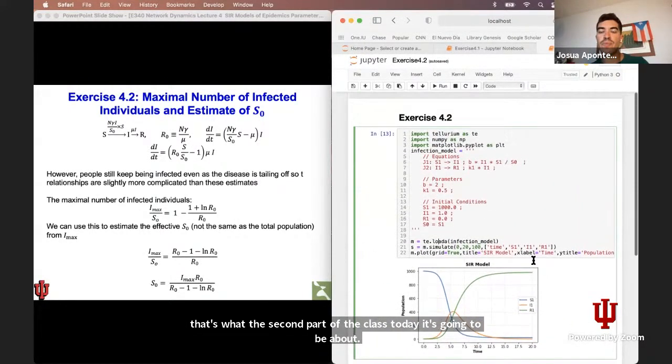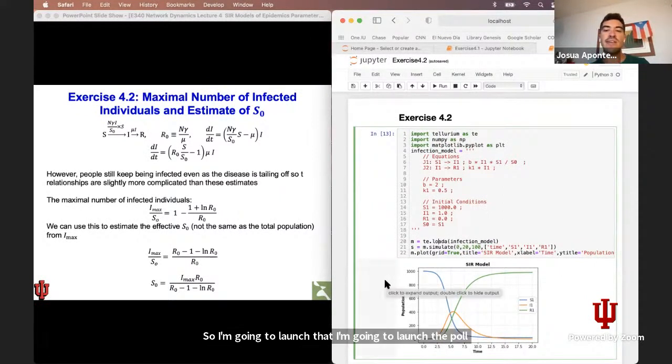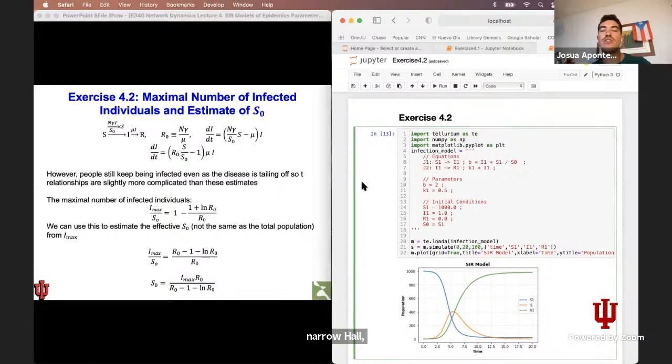So I'm gonna launch the poll now, just answer yes in this case if you've been able to upload this exercise 4.2 into NanoHub or launch it locally. It's just for me to get an idea that you all have access to the notebook as well.